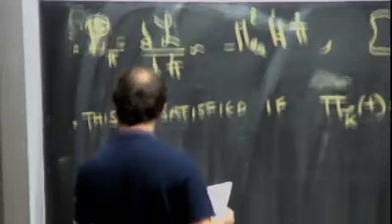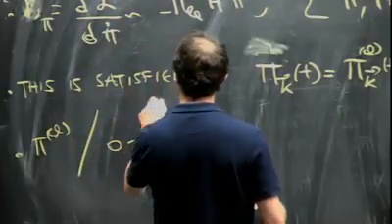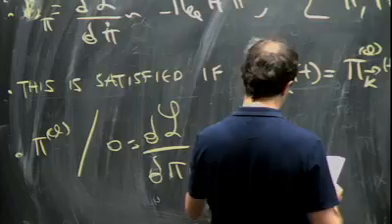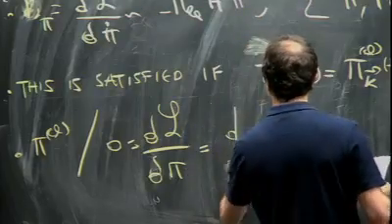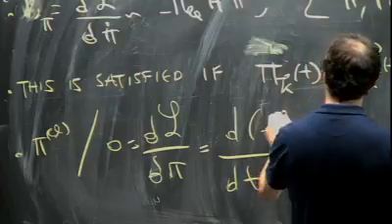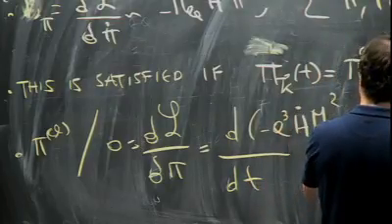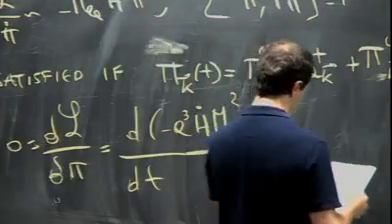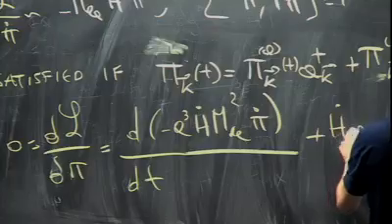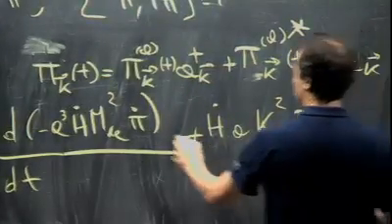Pi classical is such that 0 is equal to delta L over delta pi, which for our case is, roughly speaking, d/dt of minus a^3 H dot m_pl^2 times pi dot plus H dot a k^2, the gradient term, times pi of k. And this is for the classical solution.